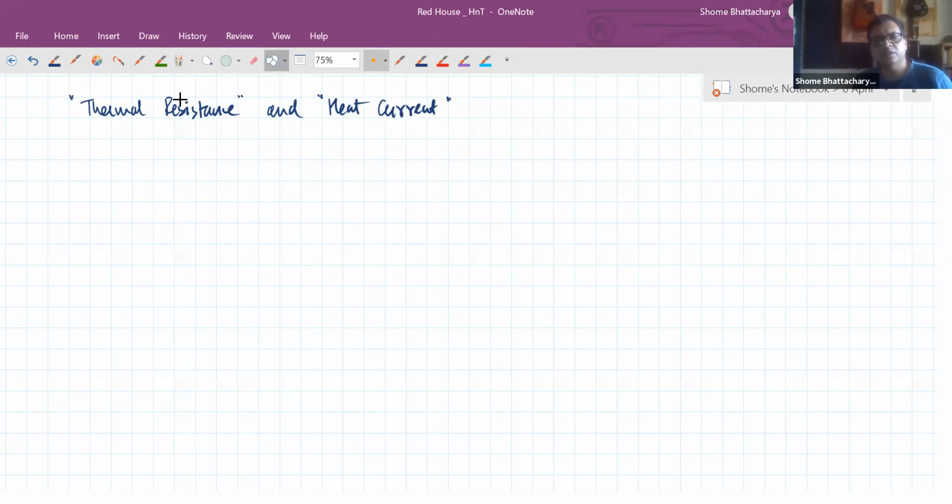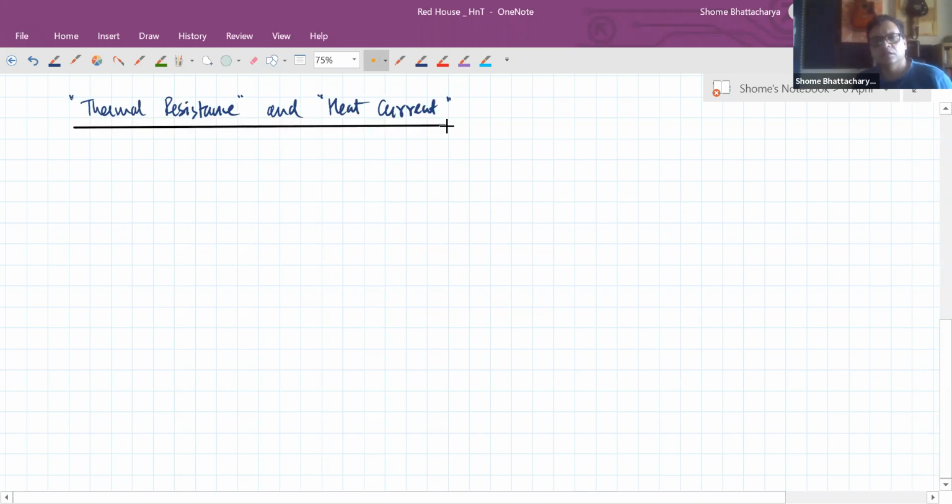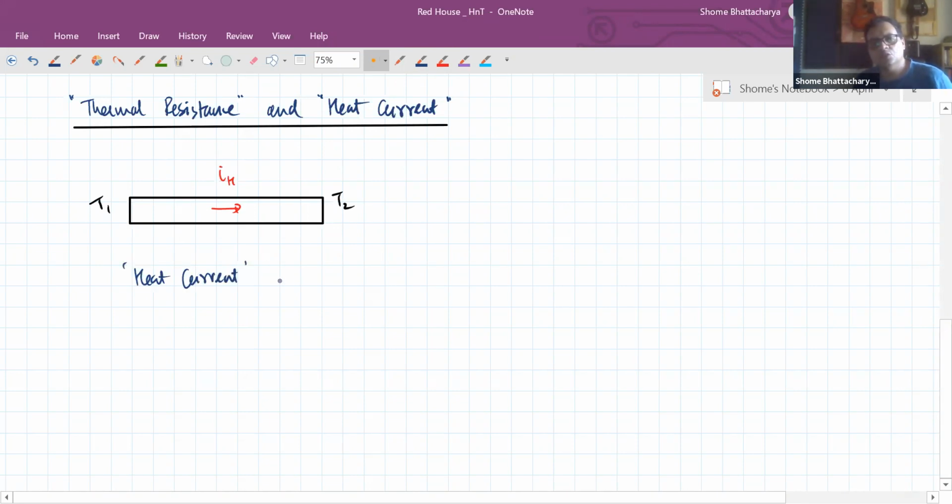So this process of heat conduction through a conductor at steady state can be treated like a conduction process where the temperature difference between the two ends plays the same role as potential difference in the case of electrical conduction. So the heat current is equal to the temperature difference divided by thermal resistance.